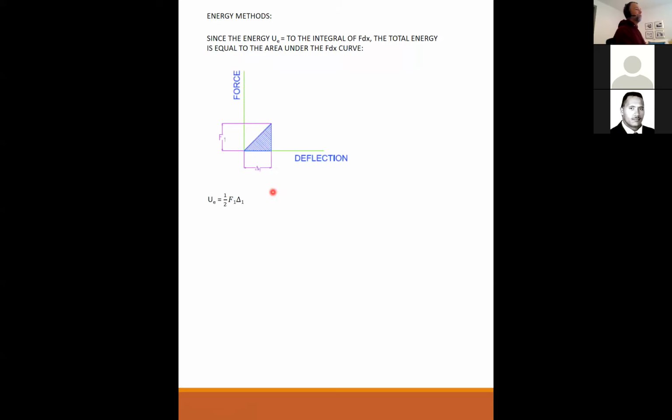So then the external energy is equal to 1/2 of that force times the displacement. Since this is a triangle, you get half. Or another way to visualize, the energy is equal to the average force times the total deformation. And the average force is the total force divided by 2.